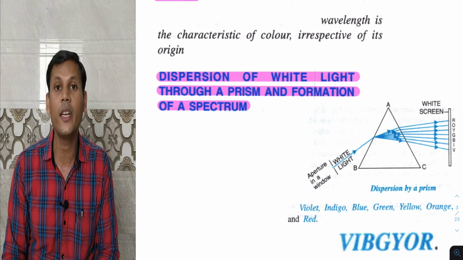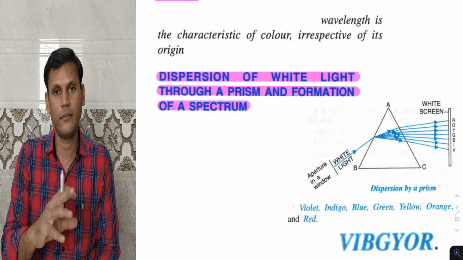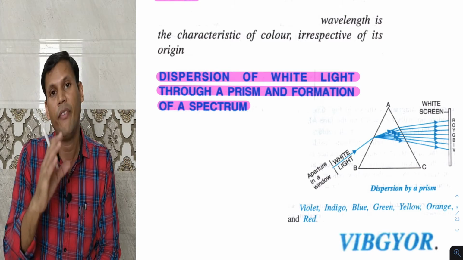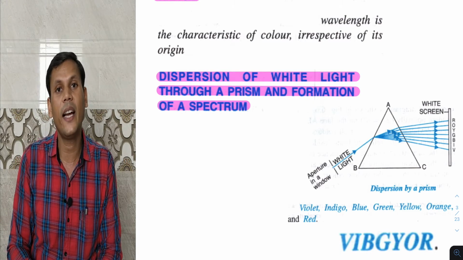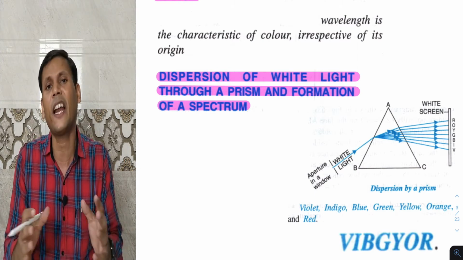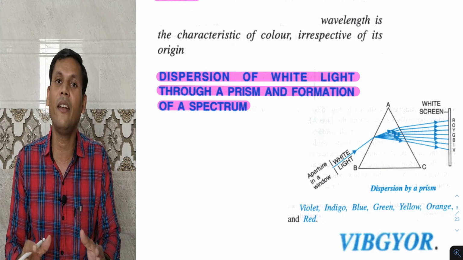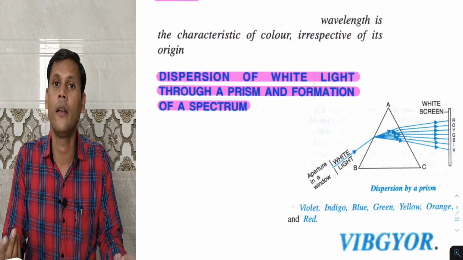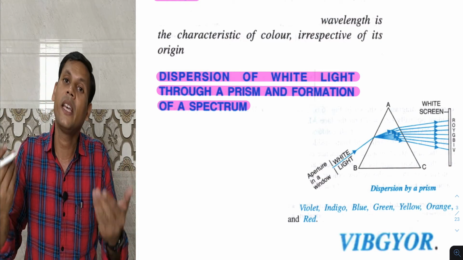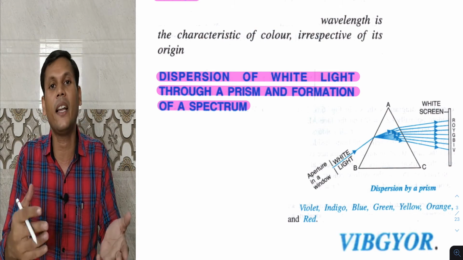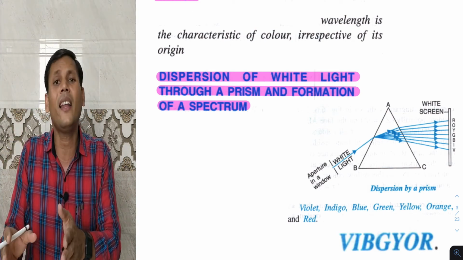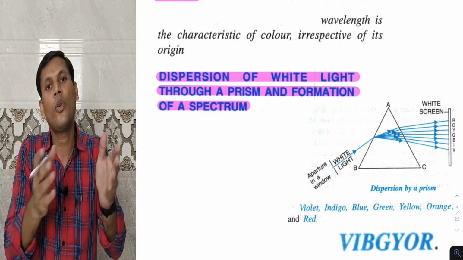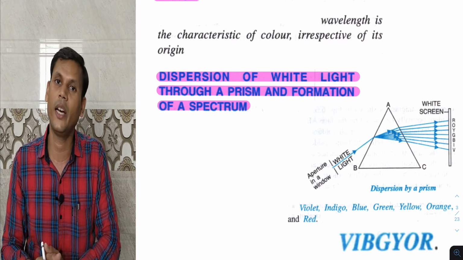As I have mentioned, red and violet light have different wavelengths, red being larger, so definitely they have different wavelengths. And as the light has different wavelengths, they have different colors. इसका मतलब क्या हुआ कि हर एक लाइट का अलग अलग वेवलेंथ है, और अलग अलग वेवलेंथ की वजह से उनका अलग अलग कलर होता है.